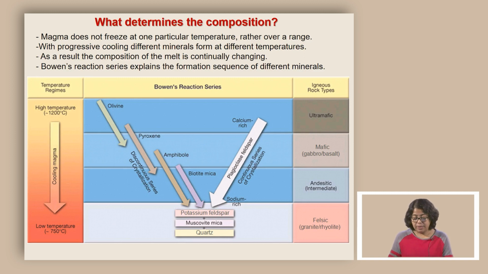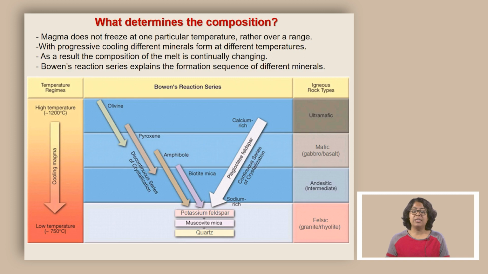On the other hand, there is another series, also called a continuous series, where the mineral remains the same. It is all feldspar, which can crystallize at different temperatures, but the solid solution that develops, the plagioclase feldspar, has end members whose contributions are going to be different depending on the temperature at which they crystallized.